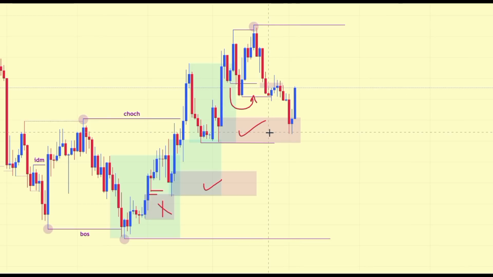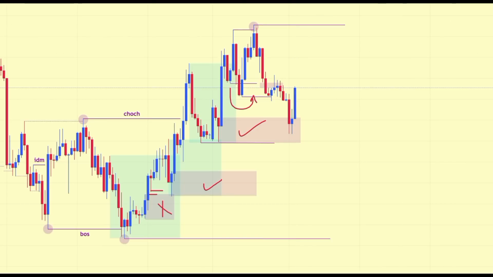And since price is reacting from a decisional POI, I mean a decisional order block, and a decisional POI mitigation is an entry model, if this candle closes with such a good momentum, then this here will be a valid trade.